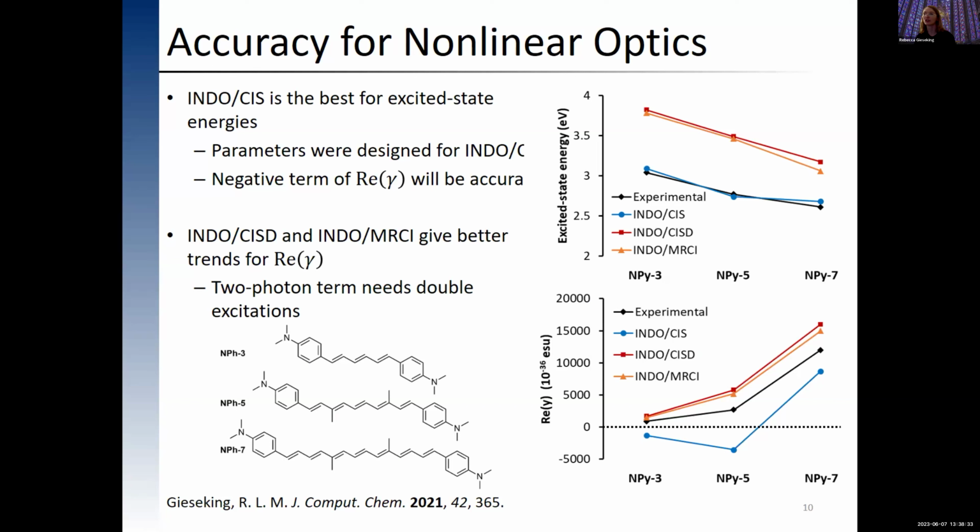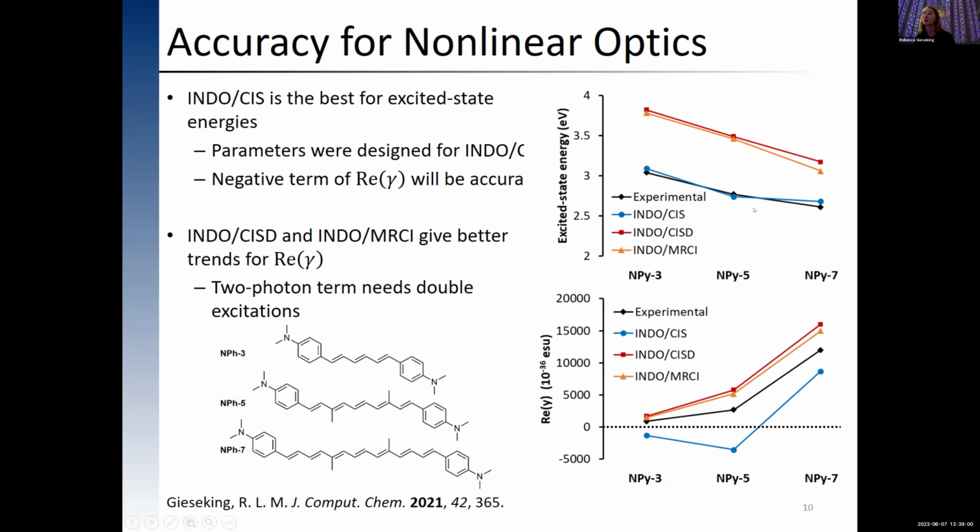And that's not particularly surprising because when this was parametrized, the parameters were developed for CIS calculations. Really, when you add in these higher level excitations, we end up stabilizing the ground state too much, and the excited state energies end up looking higher because your ground state ends up being lower in energy.